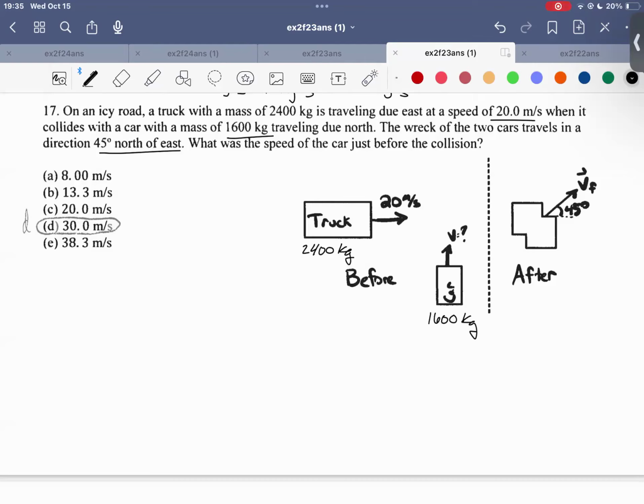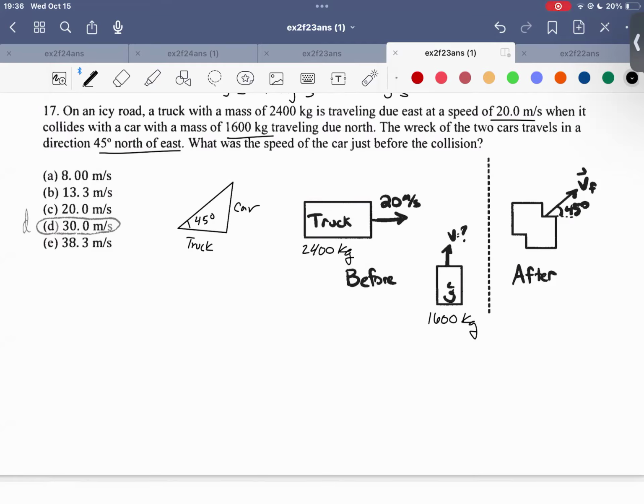So again, like we set up earlier, we had our triangle, right? Since we know this angle exactly, this 45 degrees, we can use our trig functions to solve for this one. This is the truck momentum, and this is the car, right?